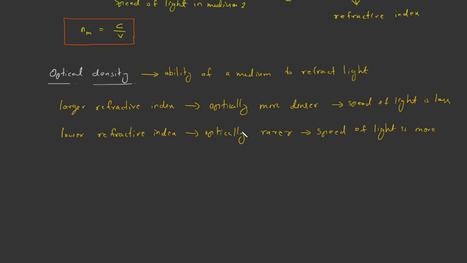So we can say, if a ray of light traveling from a rarer medium to denser medium, the speed of light decreases or slows down and it bends towards the normal. And if the ray of light travels from denser medium to rarer medium, the speed of light increases or speeds up and bends away from the normal.